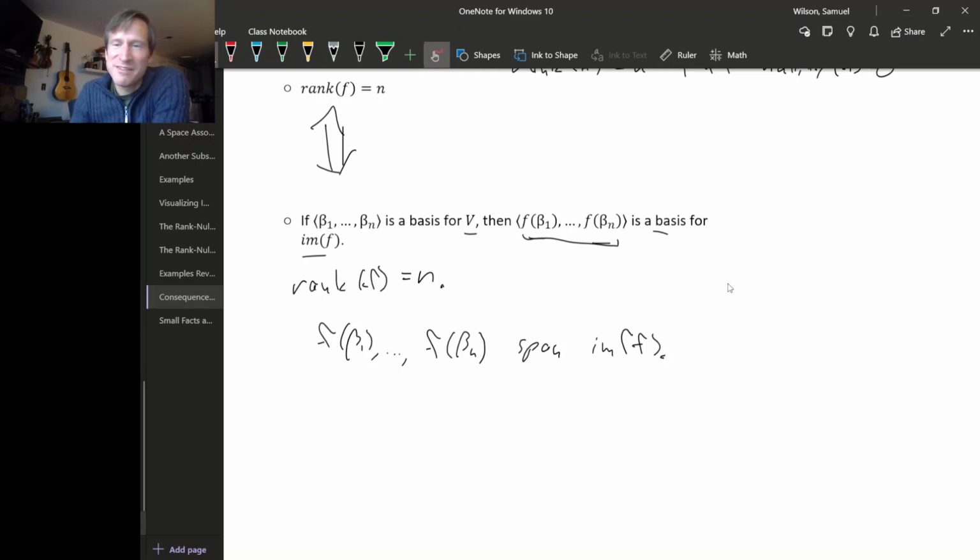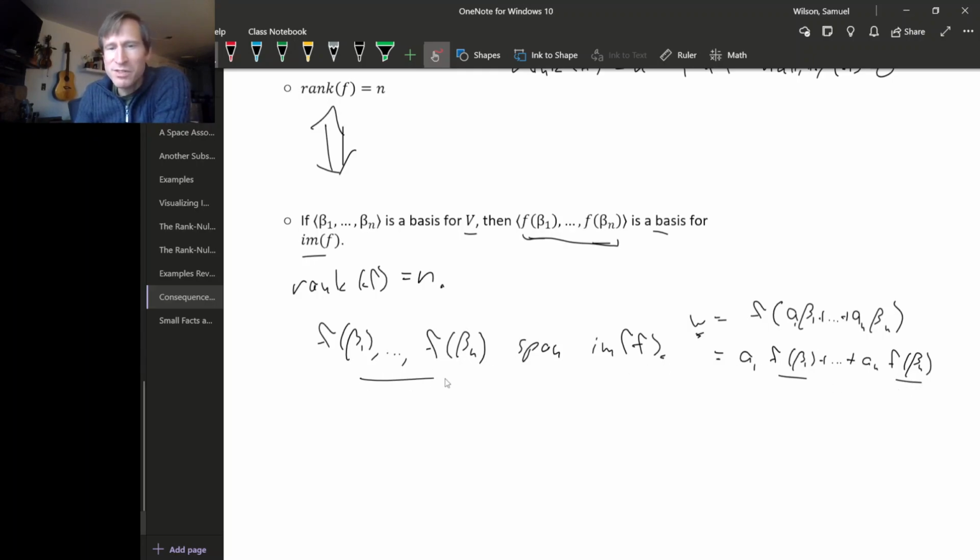Everything in the image is f of something over in v. But then using the preservation of structure, we can rewrite it like a1 f of beta 1 plus dot dot dot an f of beta n. So we see that f of all of the betas spans everything in the image. This isn't anything special about this situation.